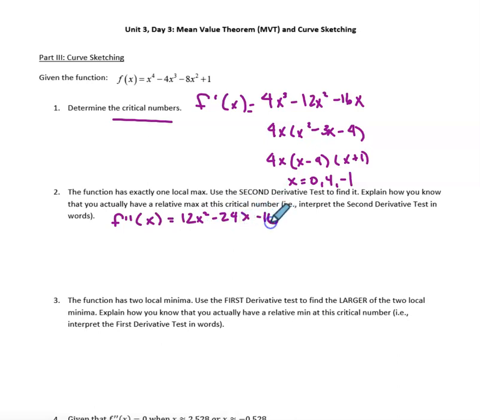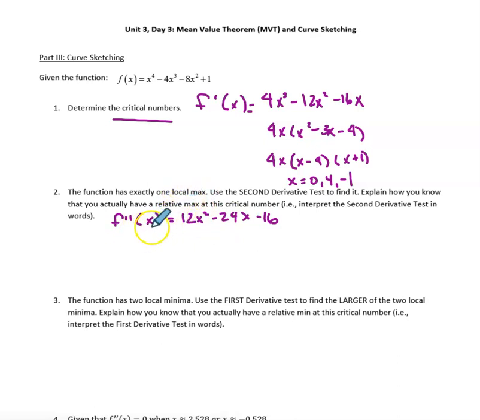And so what they want us to do is then plug in each of the critical numbers into the second derivative and determine where the second derivative is positive, because if the second derivative is positive, the function is concave up, and you have, oops, I'm realizing we don't want a local min, we want a local max. Never mind.